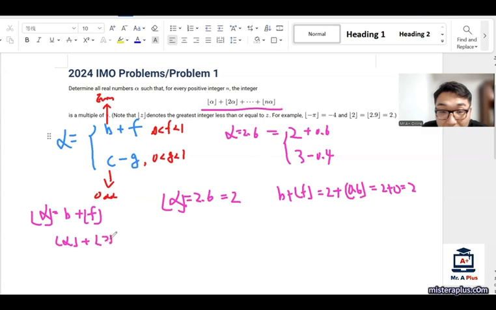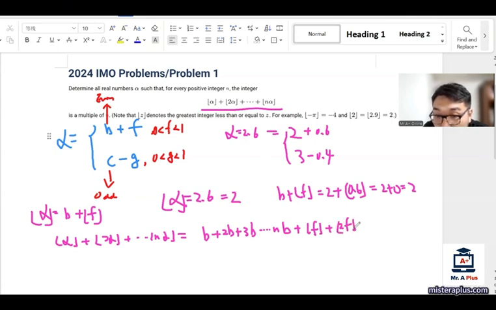Actually, it's kind of similar to the thing we did yesterday. We can write this as B plus 2B plus 3B plus dot dot dot all the way to NB, plus floor of F plus floor of 2F dot dot dot all the way to floor of NF.